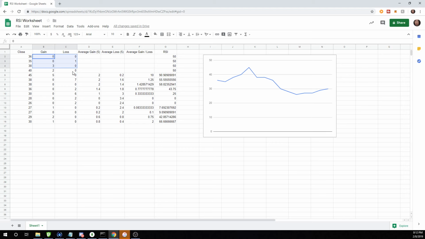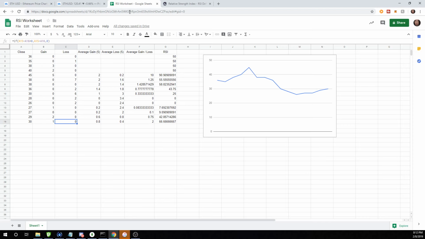Then the next part of the formula is that we want to compute the average over a time period. Okay, so what we can do is, let me just get that sheet in the right browser here.